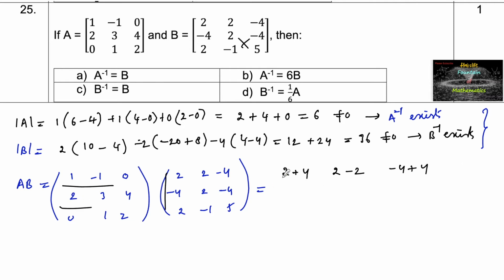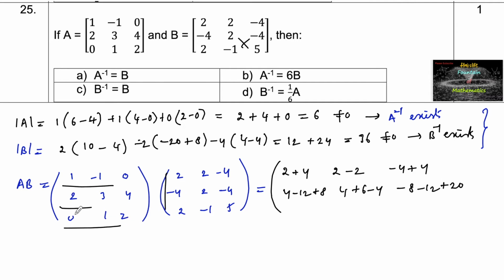Next second row with first column, 2 into 2 is 4, 3 into minus 4 is minus 12, and again 4 into 2 is plus 8, and second row with the second column, 2 2s are 4 plus 3 2s are 6, and again 4 into minus 1 is minus 4. Second row with the third column, 2 into minus 4 is minus 8, 3 into minus 4 is minus 12, and 4 into 5 is plus 20.